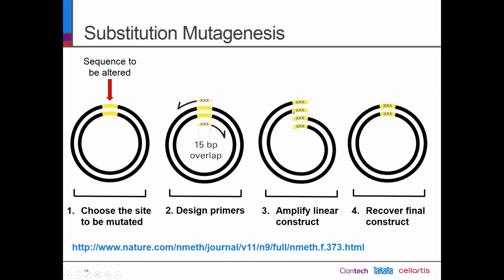In the end, what you end up with is this linearized vector that has now an overlap because you use the same primer for the two, or at least the same target sequence. So this creates an overlap, and this overlap will contain the mutation that you have designed. And then you can just use In-Fusion. You remember In-Fusion just joins together overlapping ends, and that's exactly what you need to do here. You just put this into the In-Fusion reaction, which will recircularize the linear vector, incorporating your mutation, and then you go with this into bacteria.